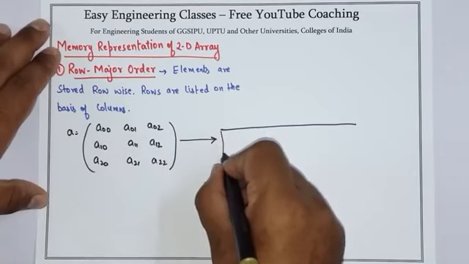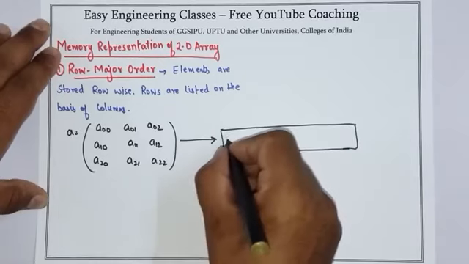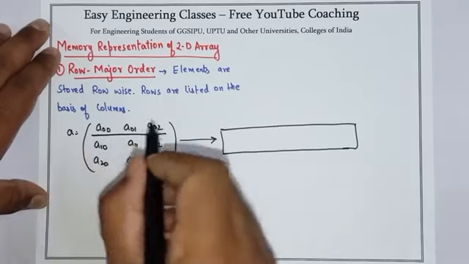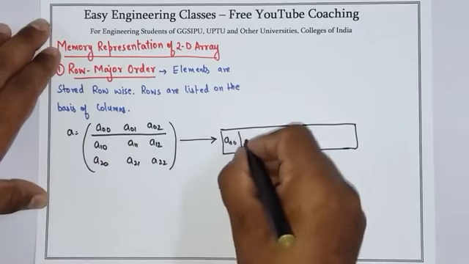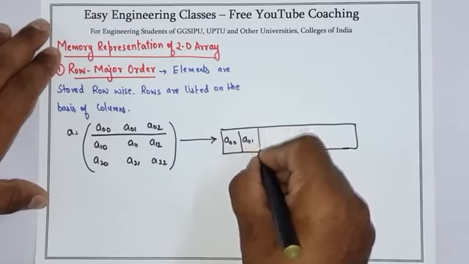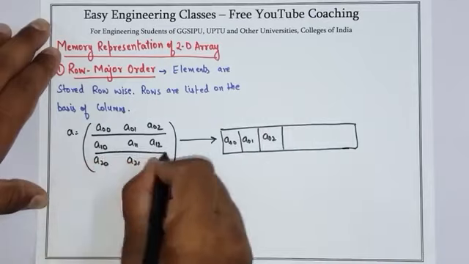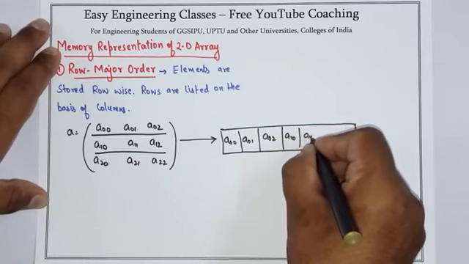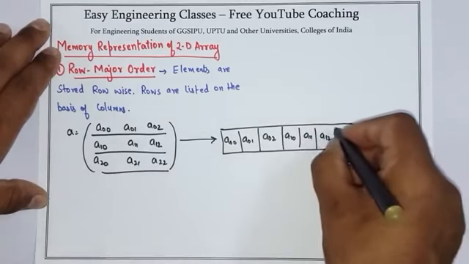Suppose this is the sequential memory. So in this sequential memory the elements will be stored row wise. First this row will be stored. It will be like A00, A01, A02, then this row will be stored. So A10, A11, A12, then this row will get stored.